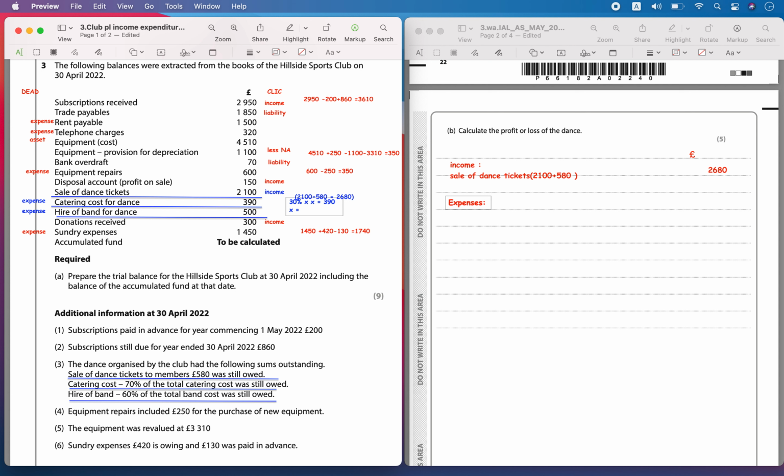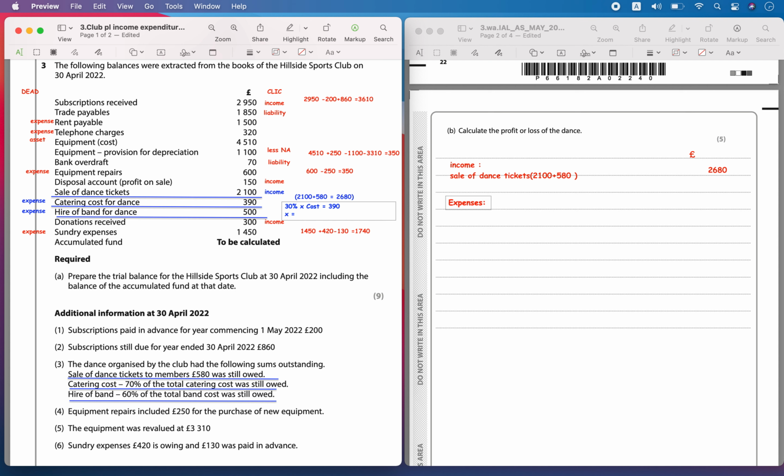So 390 divided by 0.3, that is equal to 1300, the cost of the catering. This is because 70% is still owed and we don't know the 70%, so 390 divided by this 30 percentage of the cost.